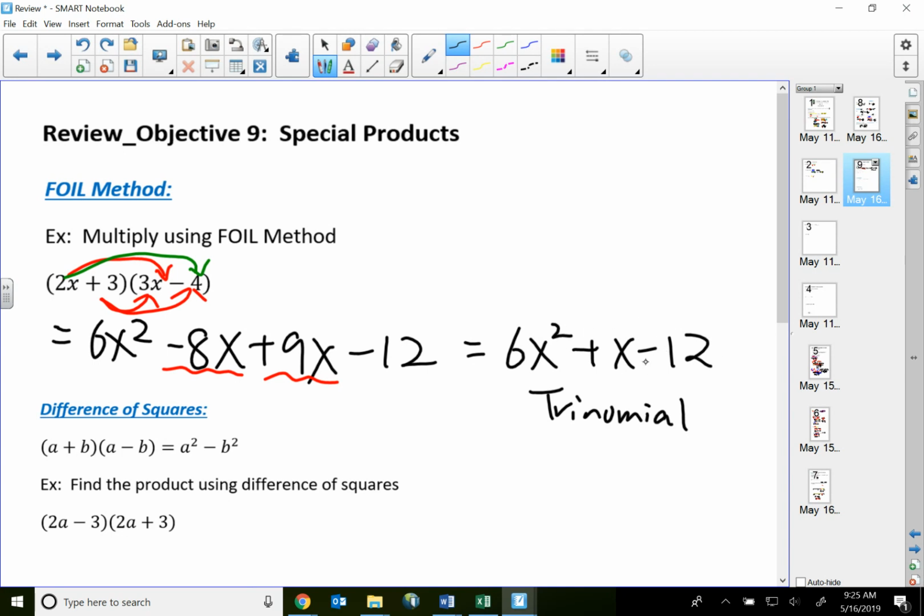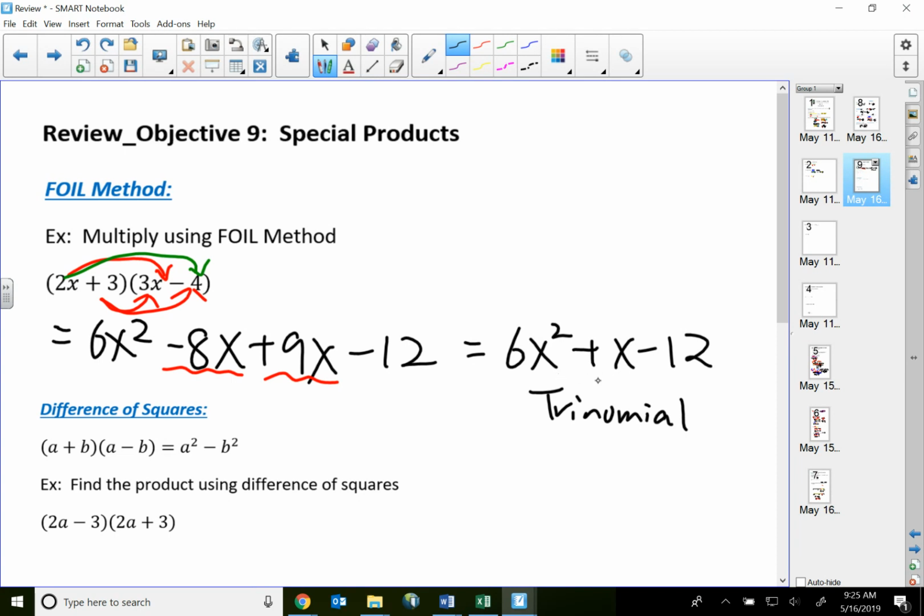When a problem like this leads to a trinomial answer, then when we do the FOIL method, we can always predict what the answer is going to look like. So we can quickly just do this problem by looking at it.